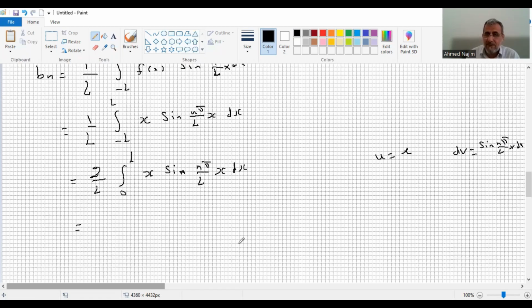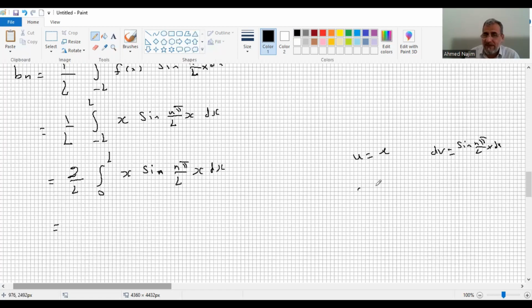So du is 1 dx, and v is the integral of sine, which is minus cosine, but you have to multiply by nπ over L, so we divide. So the integral will be L over nπ, the integral of sine, minus cosine(nπ/L x).